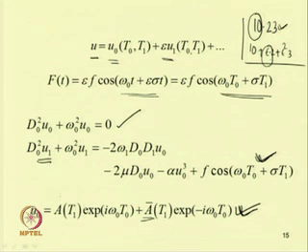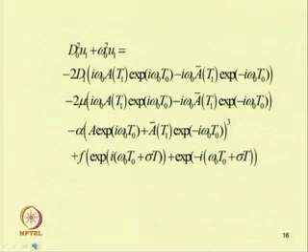We can have some terms which lead to infinite resonance condition, or infinite response, or unbounded response of the system. From the left side we can see that it contains d 0 square u 1 plus omega 0 square u 1.